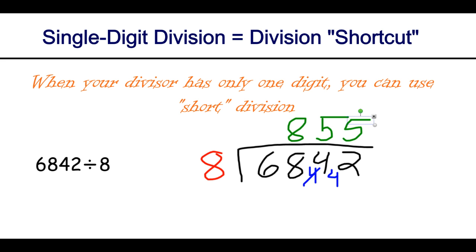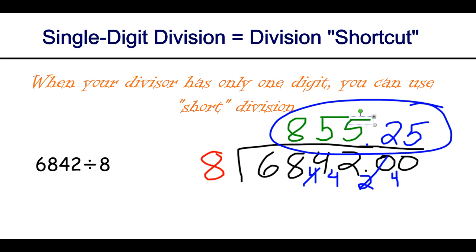This time we have a remainder of 2. And now we don't have any other digits, but of course we can add zeros. So 8 goes into 20 twice with a remainder of 4, because 20 minus 16 is 4, and 8 goes into 4 5 times. So our quotient is 855 and 25 hundredths.